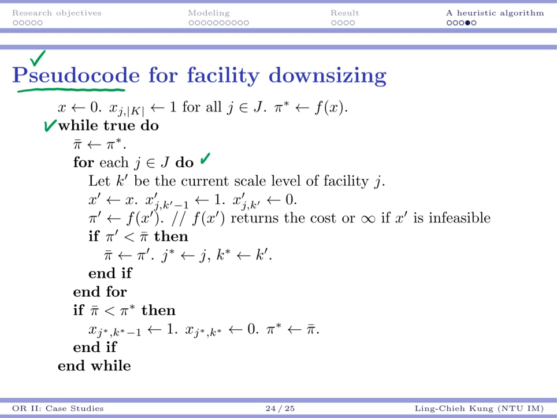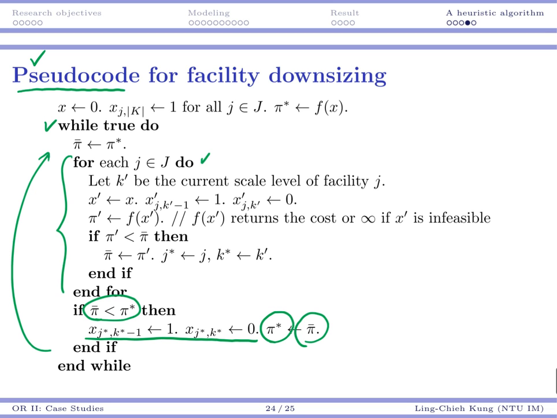If later we can find one that is even better than the current j star, then we do the updating again. So after this for loop, we will find one facility that has the highest benefit for doing one level of downsizing. Then after these iterations, if there is at least one that can do the improvement, then we indeed invoke that improvement and also update the pi bar to be the next pi star. And then we keep iterating and iterating.